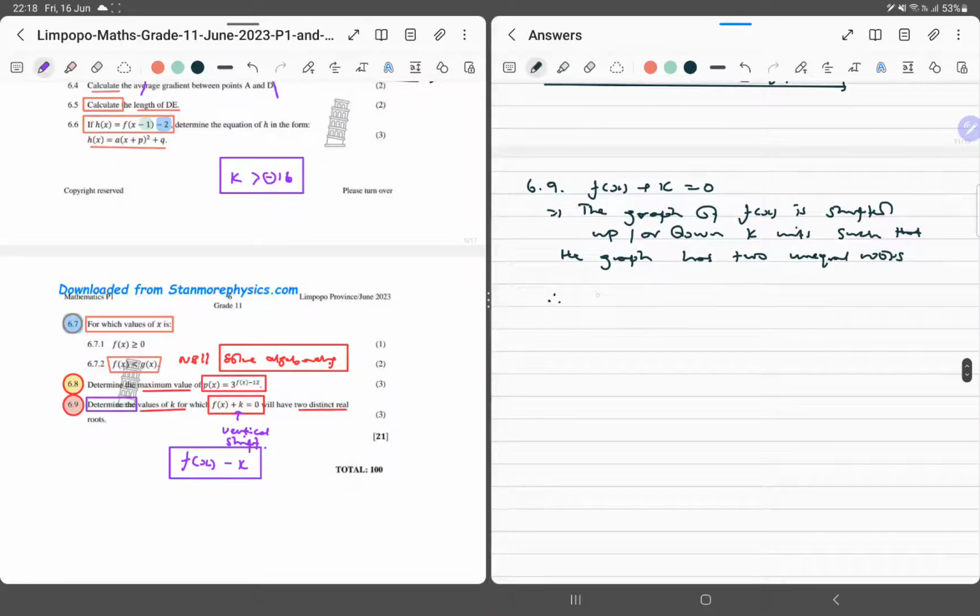We can say therefore k must be greater than minus 16 as we worked it out.